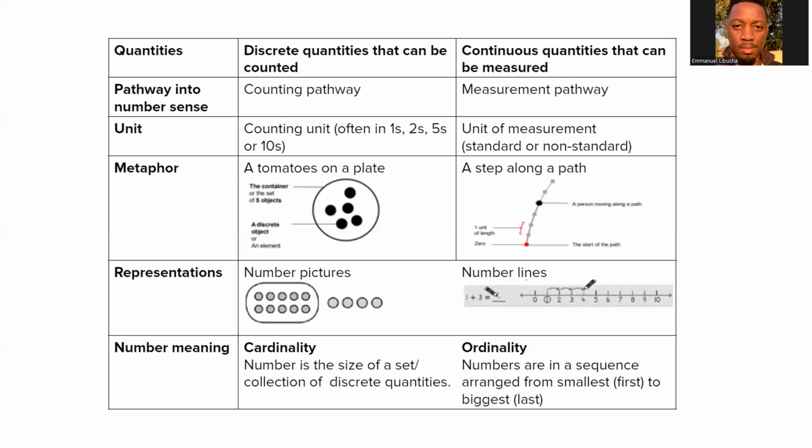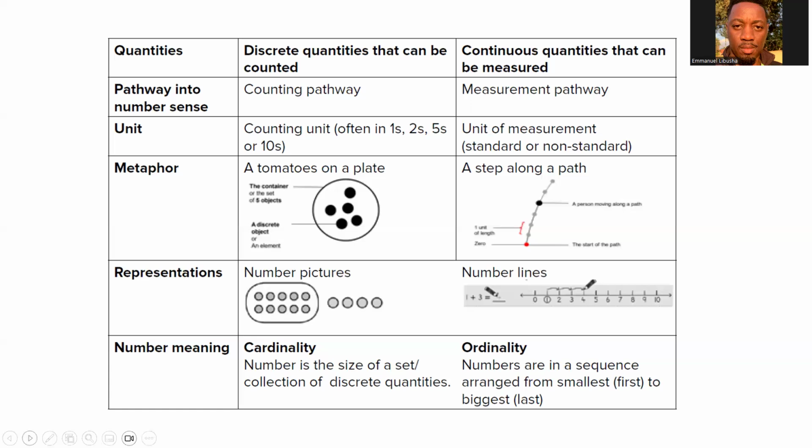As learners move on, we normally introduce number pictures so that they can start counting differently, like counting tens and so on, or counting fives and counting ones. Part of it is the representation of the discrete quantities, whereby we start merging them. And this is the same thing I was talking about when I said things can be combined and discrete can be made to be continuous. Okay.